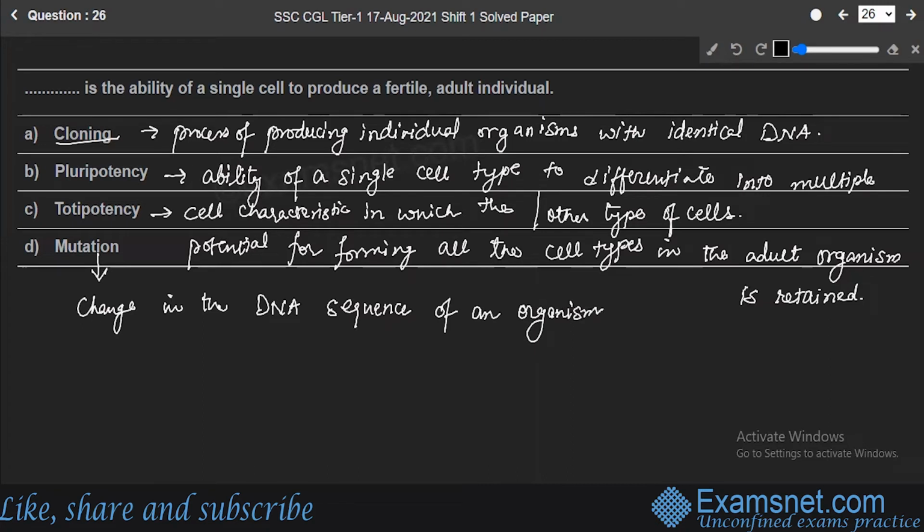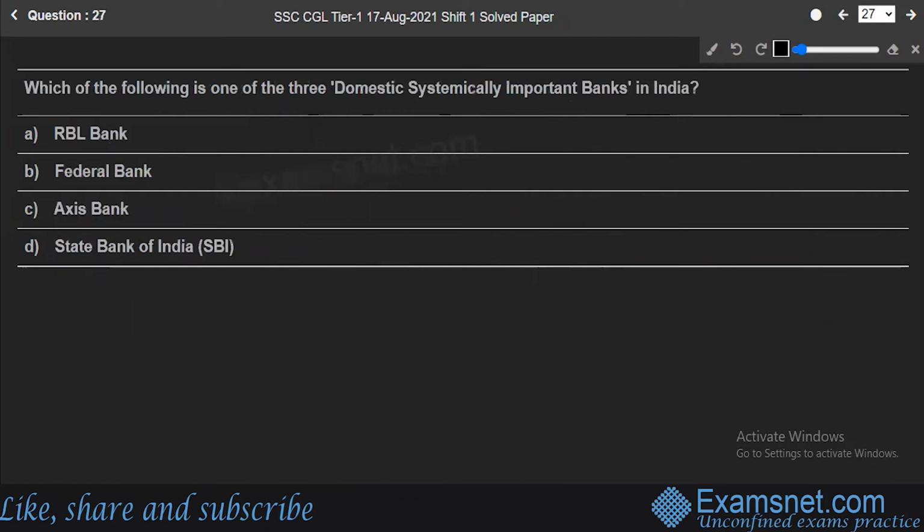So the question was, dash is the ability of a single cell to produce a fertile adult individual. I think you have correctly guessed. It's option C, totipotency is the correct answer to the question. Hope you are clear with this. Then let's move to the next question, number 27.